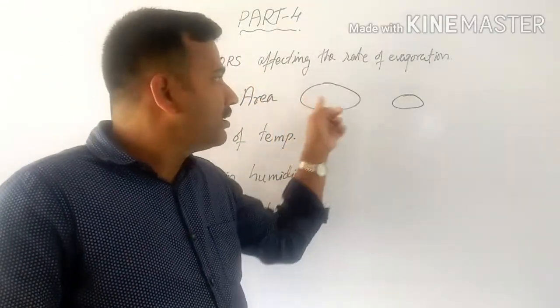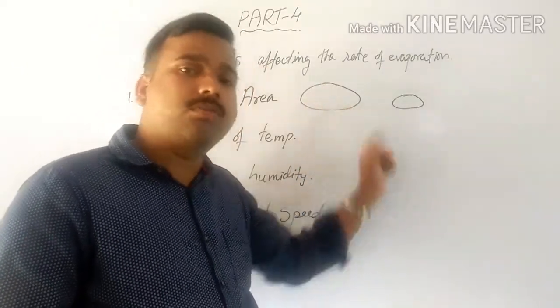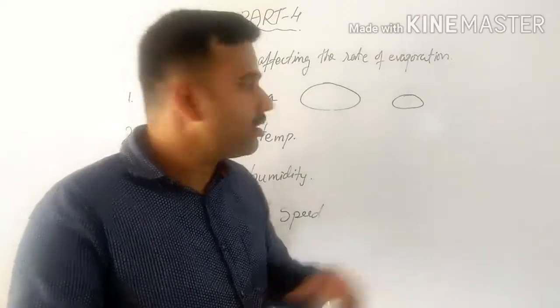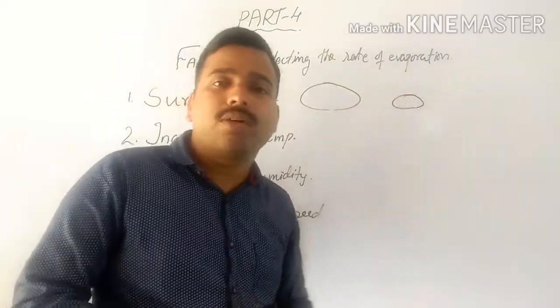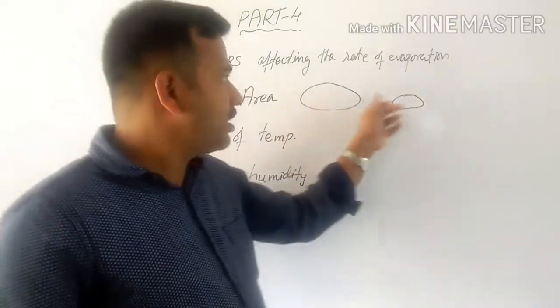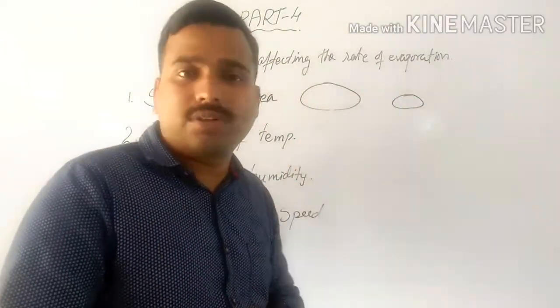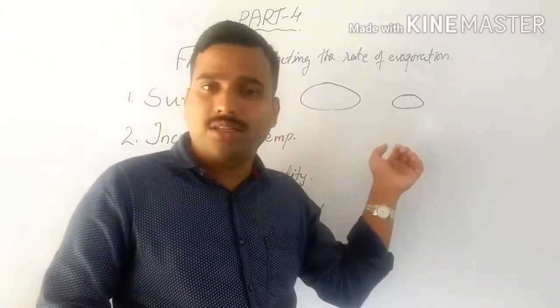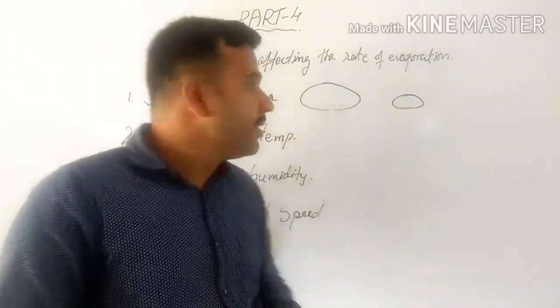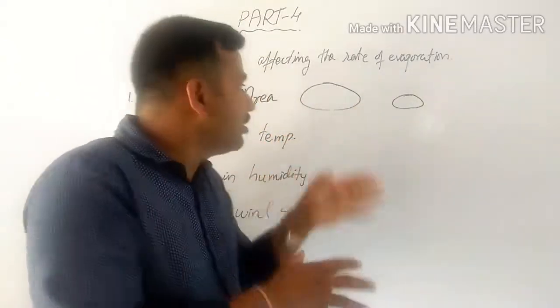You will observe that the amount of water present in the large bowl will be much lesser as compared to the amount of water present in the small bowl. So what is happening here? These two bowls have different surface areas. One is large, as you can see here. One is small.